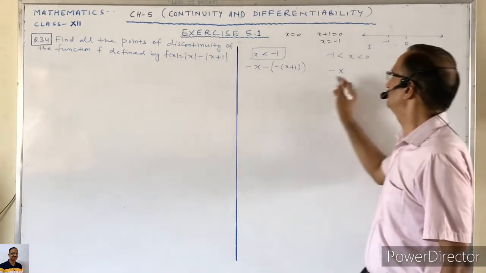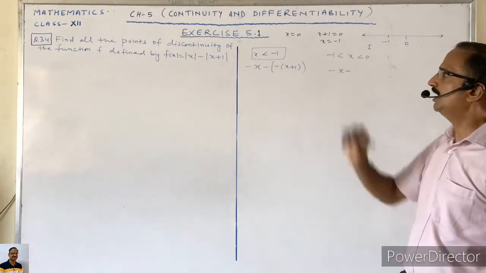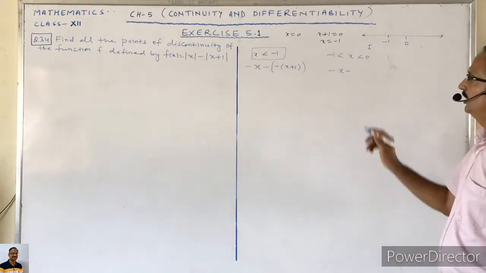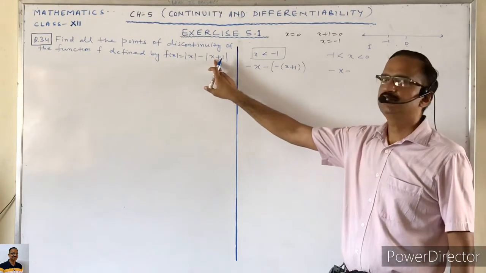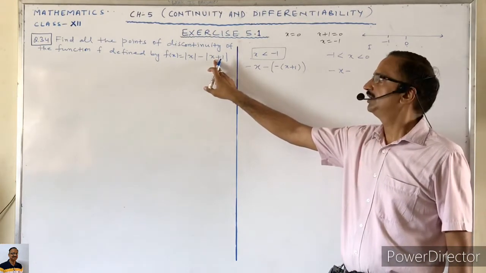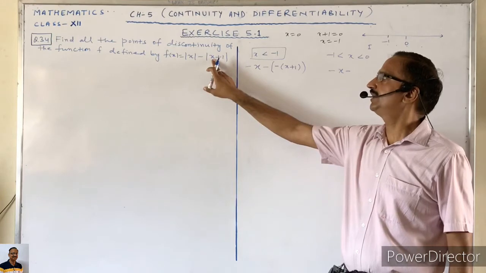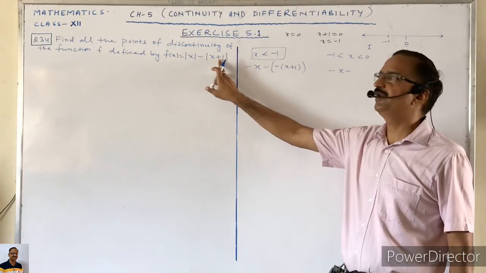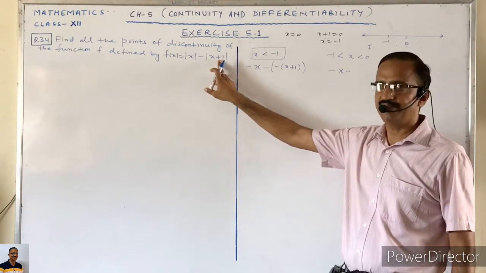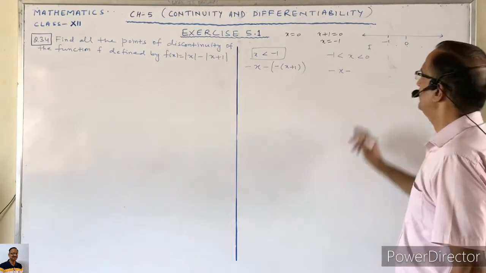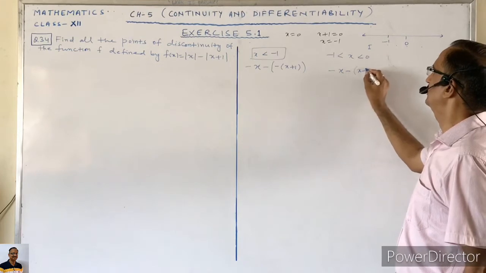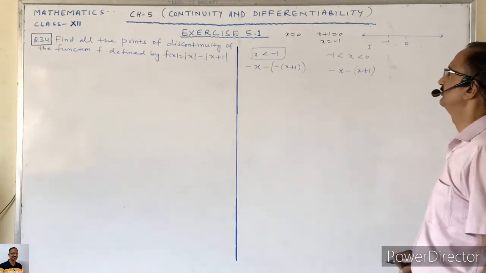Now this is the minus which is given in the function. Now put x = -1/2 in the second function. So -1/2 + 1 is plus 1/2. It means the value is positive. It means there is no change in this function.